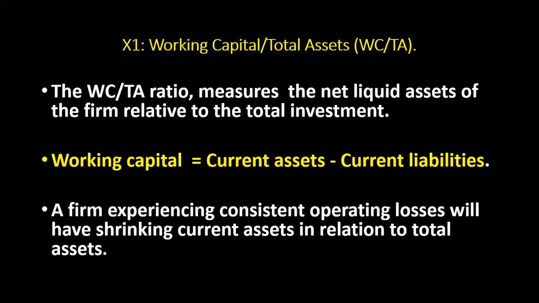And we know that a firm which is experiencing consistent operating losses, when it is not able to generate profit, will generally have shrinking current assets. So if current assets reduce while current liabilities remain the same or increase, the ability of the firm to meet its short-term obligations will be low. If the ratio is negative, that means working capital is negative, and negative working capital means current assets are less than current liabilities.